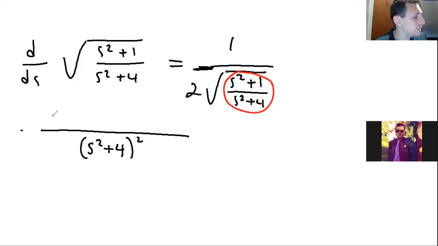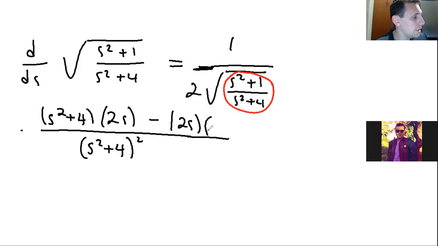Then I have the denominator unchanged, multiplied by the derivative of the numerator, which is 2s, minus, and now the roles are reversed: the derivative of s squared plus 4, which is 2s, multiplied by the numerator, which is s squared plus 1.